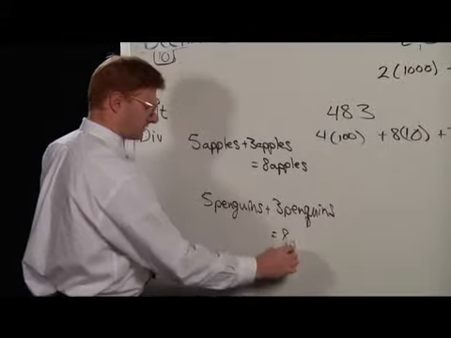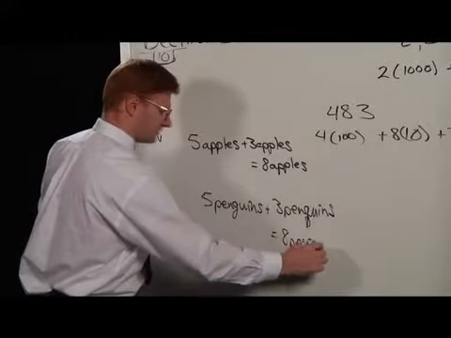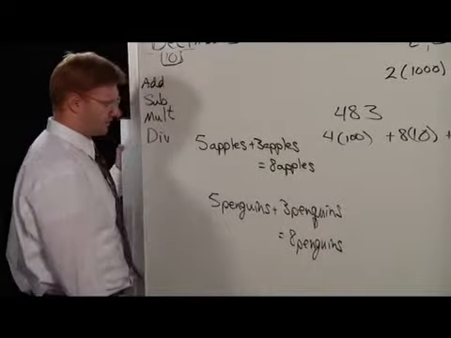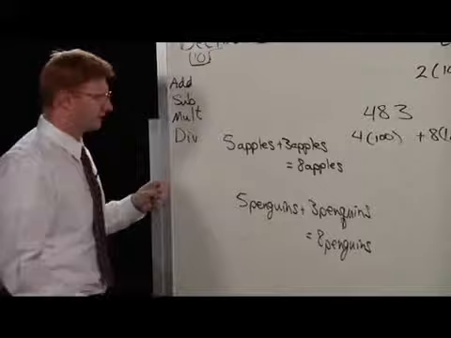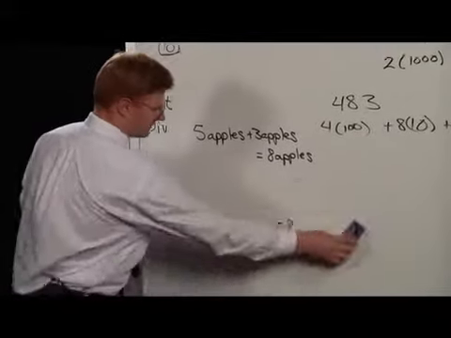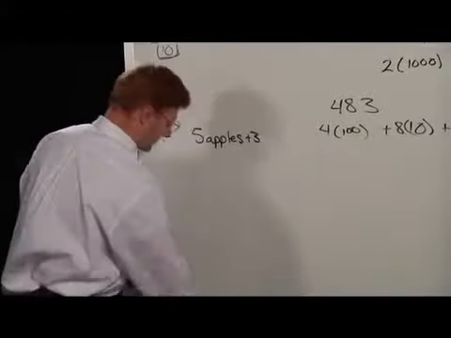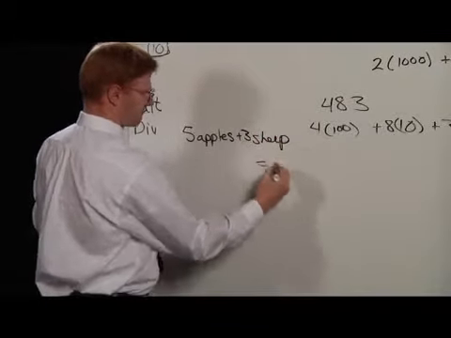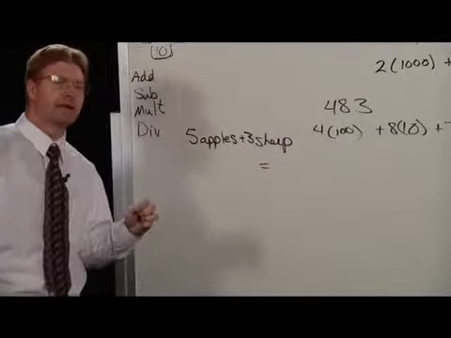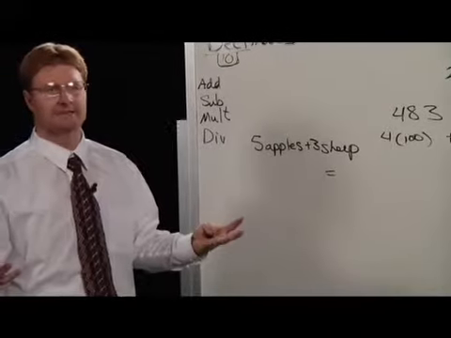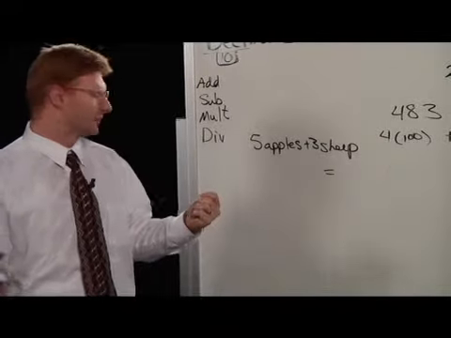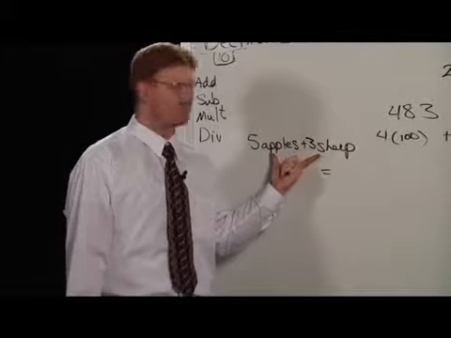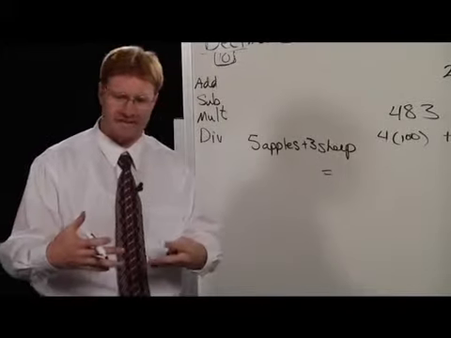You have 8 penguins. Now, the real question. What if I have 5 apples and 3 sheep? 5 apples plus 3 sheep is 8 what? We don't know. You have 5 apples and 3 sheep. You can't add things that aren't alike.